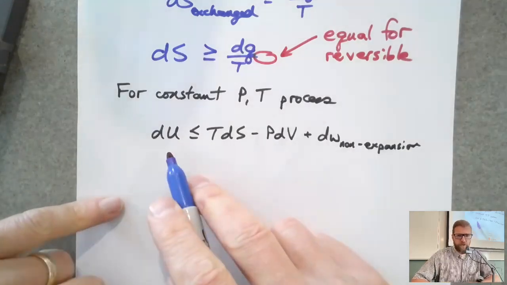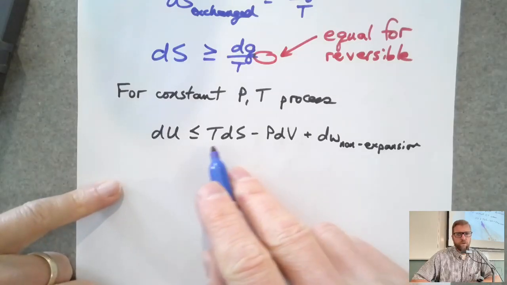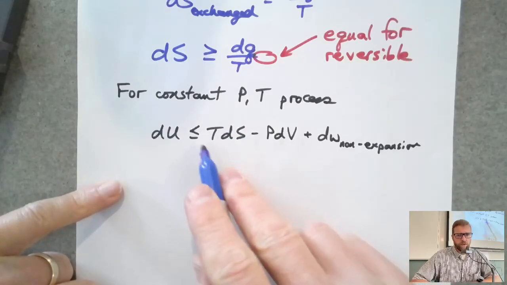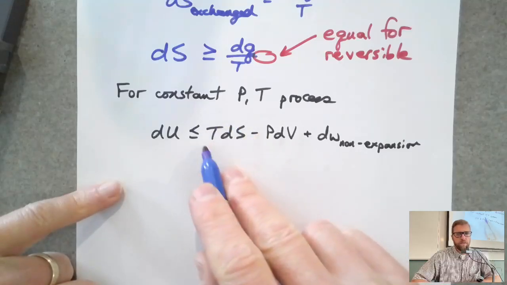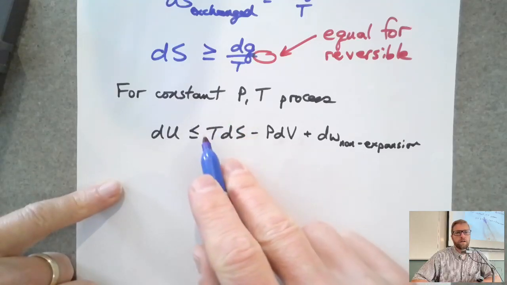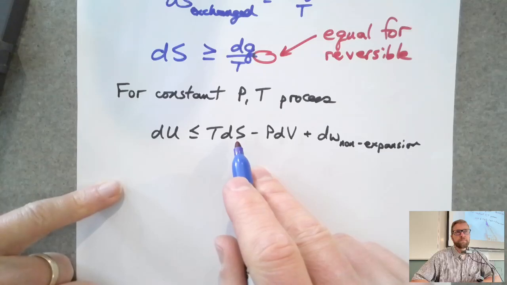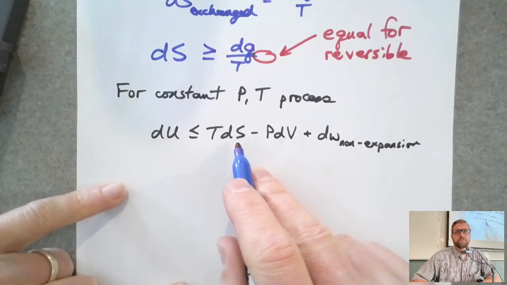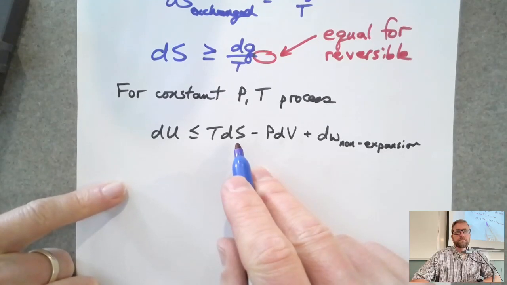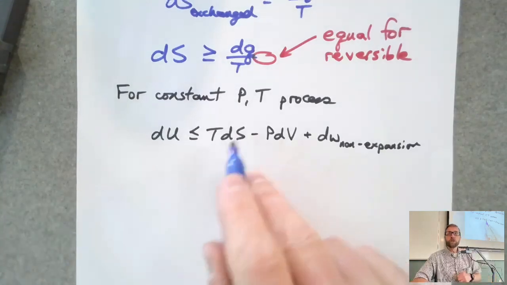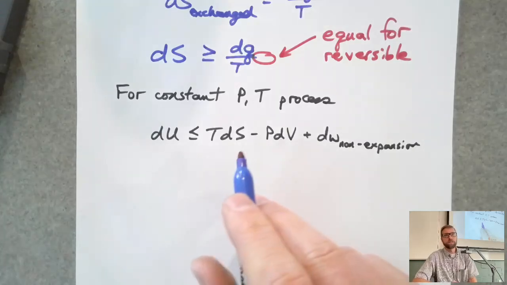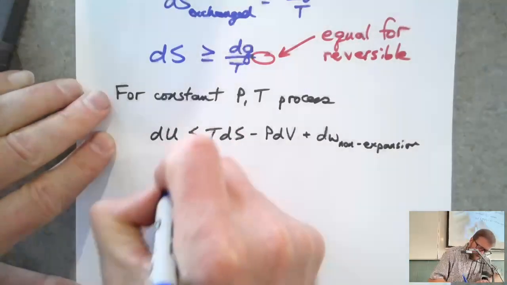So du is less than or equal to TdS. Now what typically belongs here? dq. Right? So dq is what belongs here. Remember the first law looks like this?